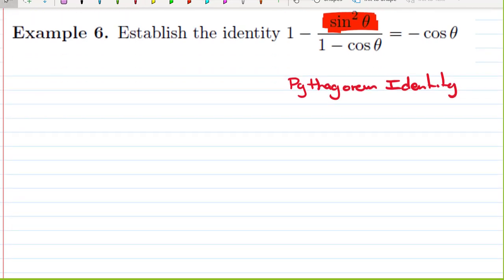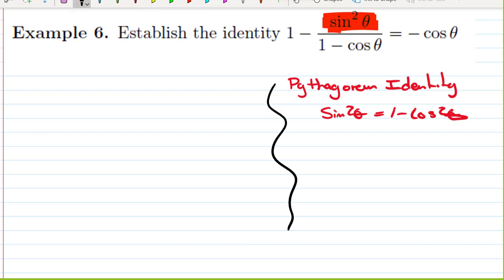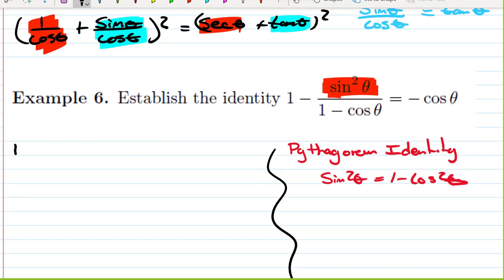And the Pythagorean identity in this case is that sine squared theta is equal to 1 minus cosine squared theta. So then that's going to give us 1 minus, in our numerator, 1 minus cosine squared theta.